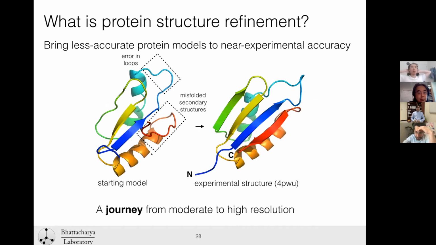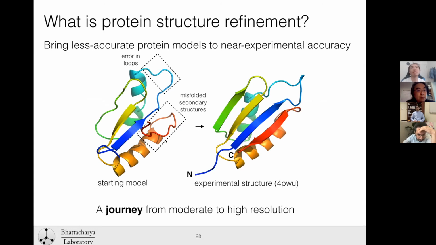And the problem here is to bring a less accurate model to near experimental accuracy, as shown in the slide here. For example, we might be given a starting model here, which might have errors in the loop regions, or it could have misfolded secondary structures.